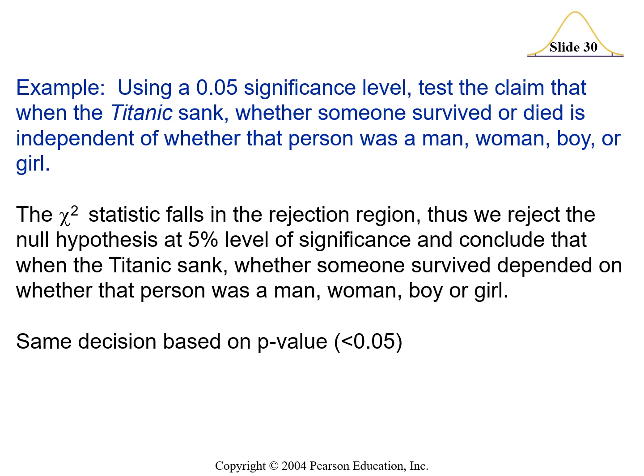Thus, we reject the null hypothesis at alpha equals 0.05 and conclude that whether someone survived depends on it, because we now have sufficient evidence to support that there is a relationship, or the 2 variables are dependent, on whether the person was a man, woman, or a boy.